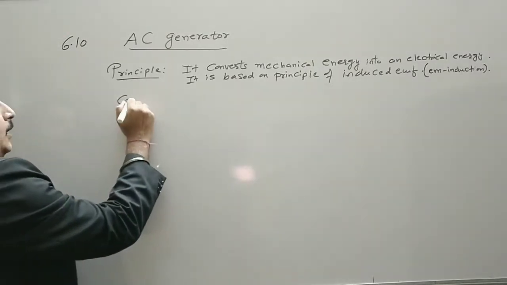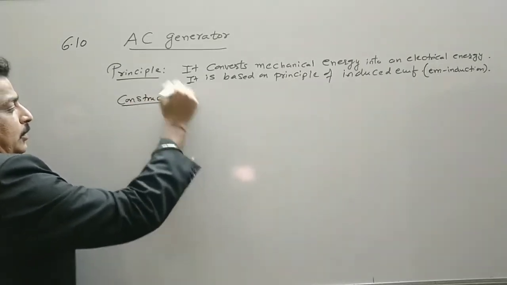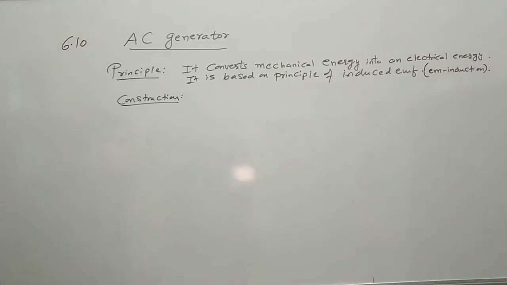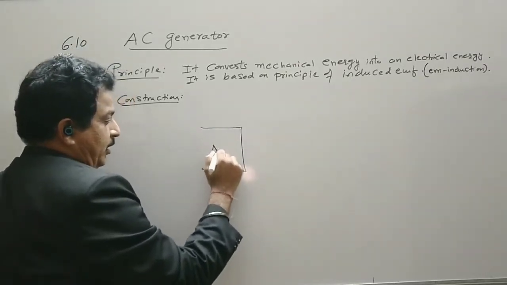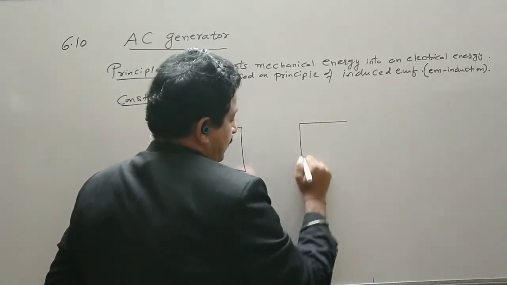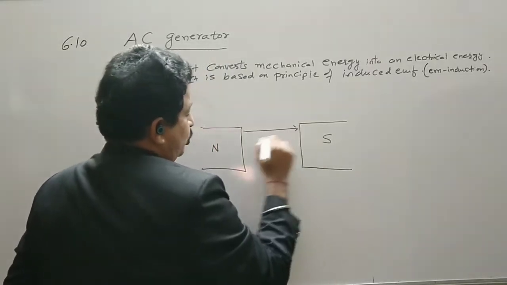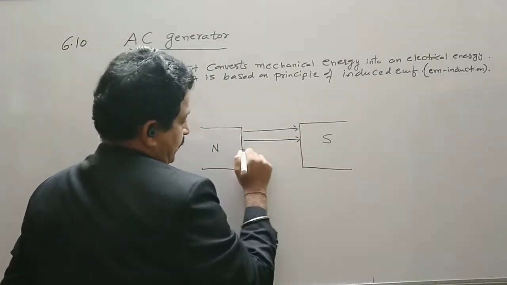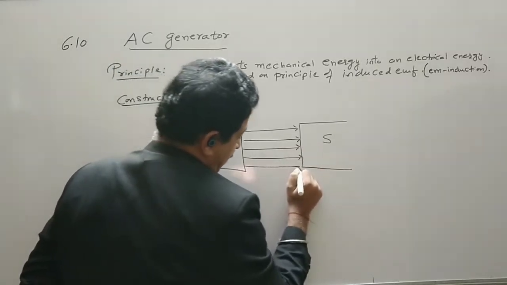Now let us see the construction. So in AC generator, we need a uniform magnetic field. So a uniform magnetic field is created with the help of two strong magnets. So this is the uniform magnetic field.